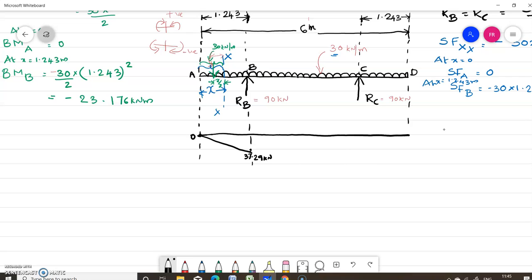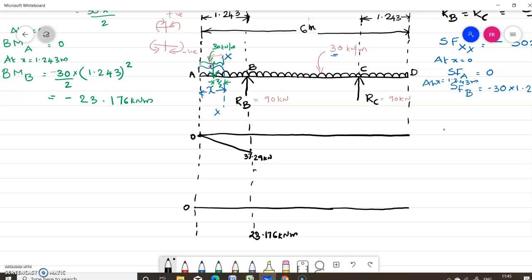So first step is you have to project these important points downwards. Now we can draw the baseline, which represents the centroidal axis of this beam. So you have got this value, bending moment at A is 0 and bending moment at B is equal to 23.176 kilonewton meter.